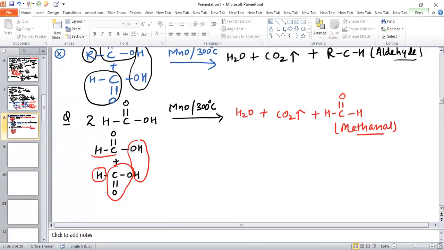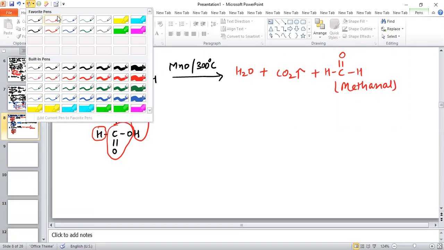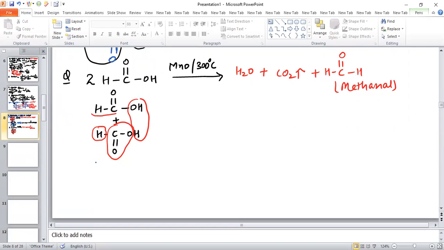Now you can see what happens in another case. The question is basically like this. The compound given is like this: CH2, and this is basically C double bond O, and this is also CH2, and C double bond O, and this is basically the calcium joining compound.